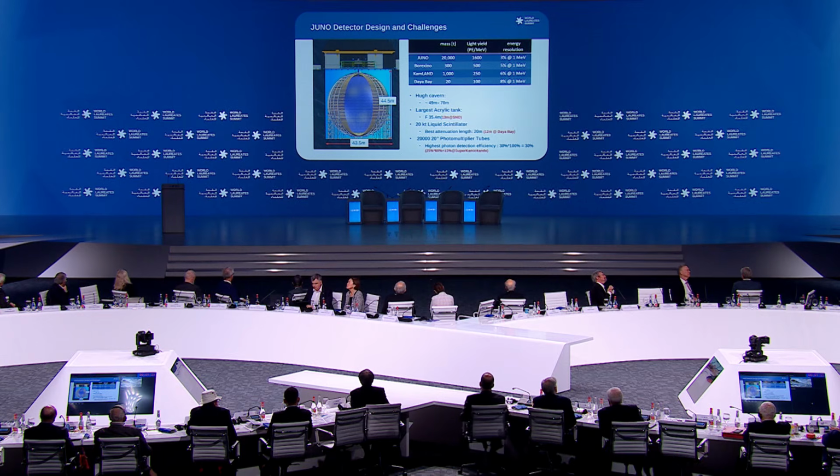And indeed, the JUNO experiment is technologically very challenging. It has a dimension of 40 meters, and the total mass of liquid scintillator, which is the target, is about 20 kiloton. You can imagine this is already the largest cavern, at least in China, for civil usage.